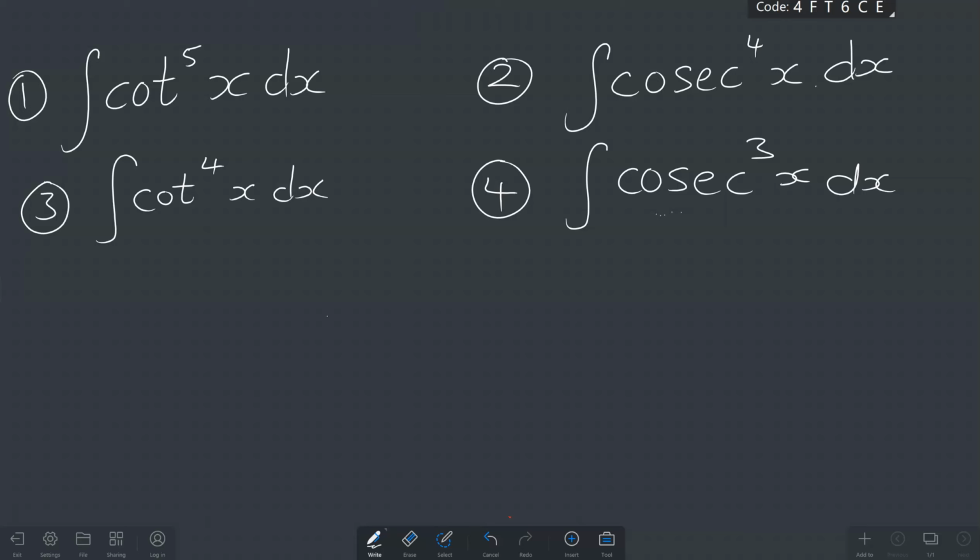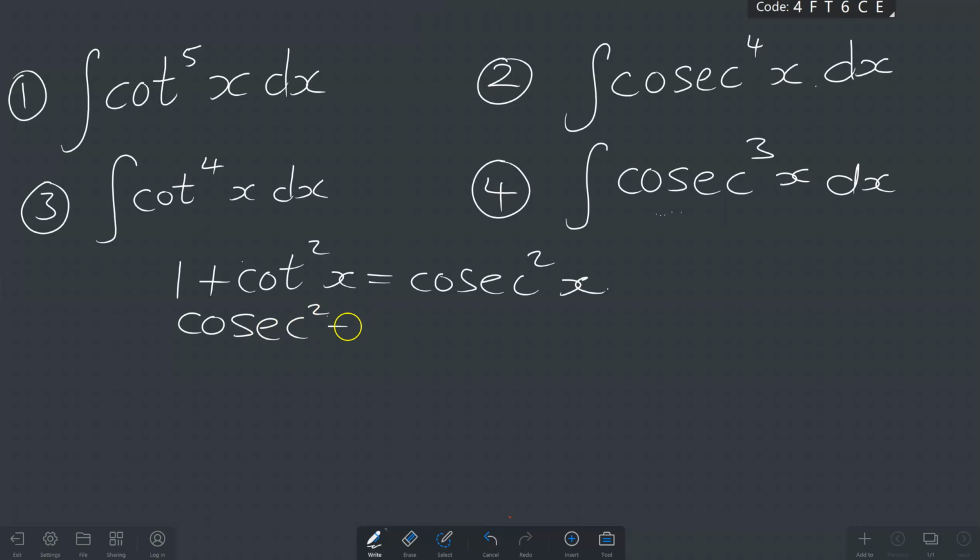Cot and cosec have an identity in common, which says 1 plus cot squared of x equals cosec squared of x. That's the identity we'll be interested in, and the form that we will mostly use it in is cosec squared minus 1 equals cot squared of x.